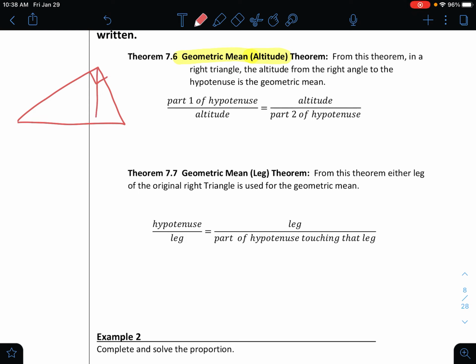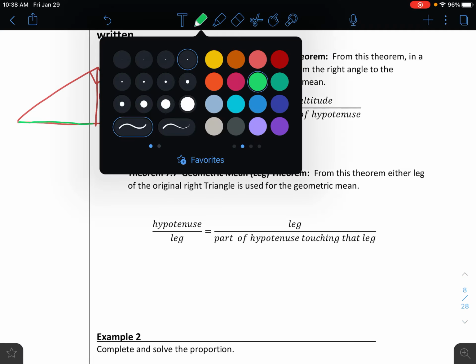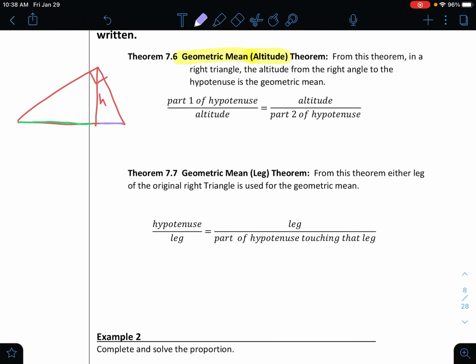Let me draw that original picture where you have a right triangle with a 90 degree angle. I have an altitude, and I'm going to label it H. Do you see how the H splits the hypotenuse of the original triangle into two parts?